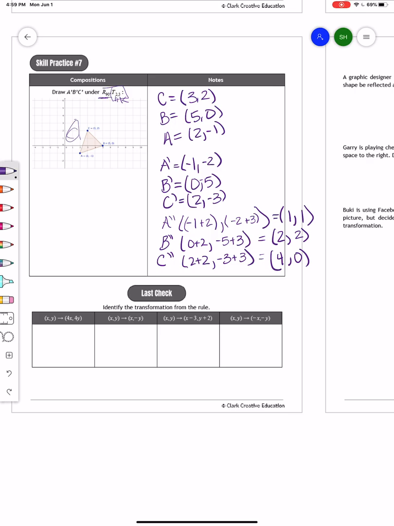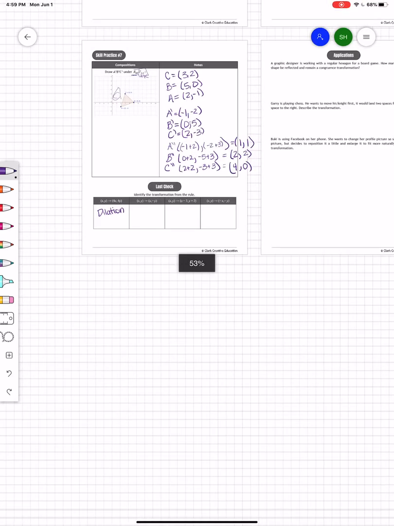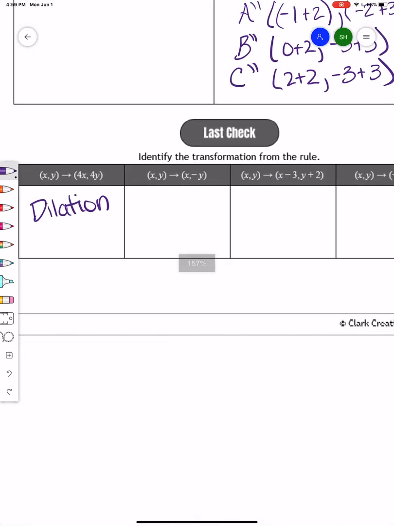So, by looking at the rule, you should be able to identify the transformation. If we go from xy to 4x, 4y, we know that this is a dilation because we're multiplying. If you go from xy to x, negative y, what are you going to? That is a reflection.